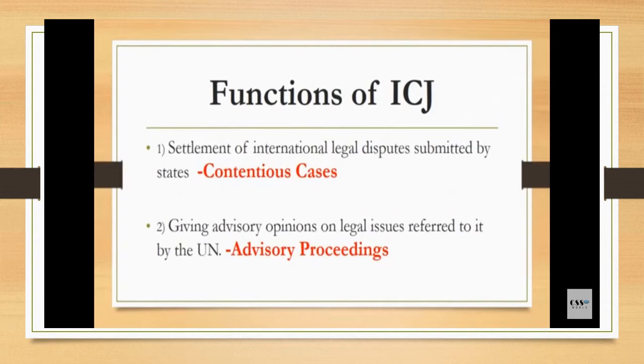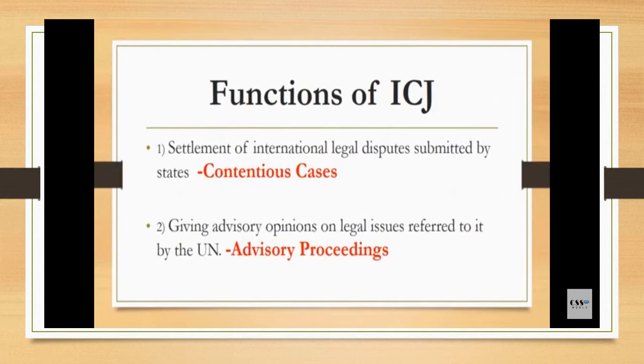Then there is giving advisory opinion on legal issues referred to the court, like advisory proceedings. Most of the times the matters are not submitted to the International Court of Justice, but the International Court of Justice acts as a legal advisor, or we can say as an institution which works for peace prevailing in the world.